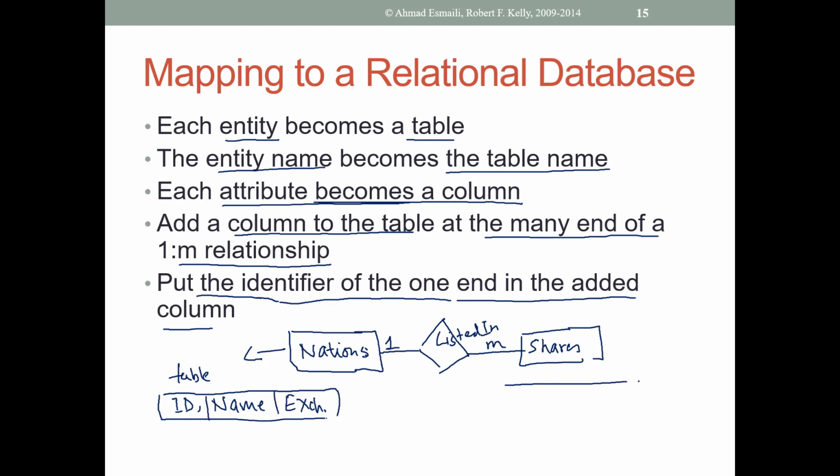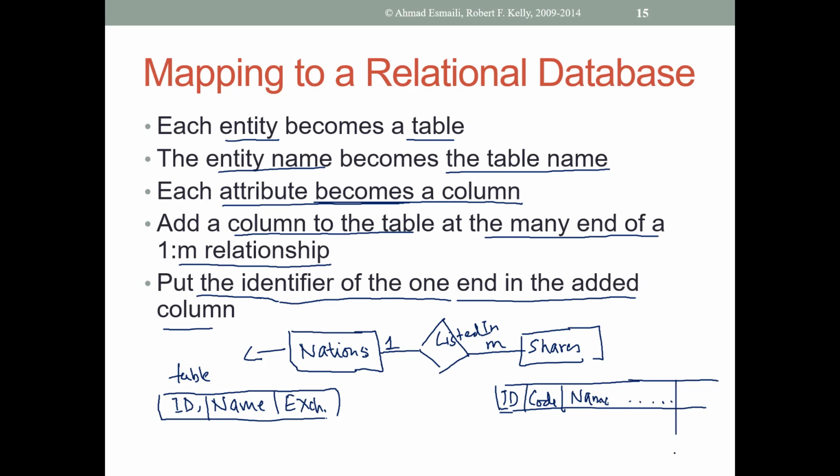And for shares, you'll have all the attributes that you had for shares. You had the attribute like, what was that? ID, you have code, you'll have name, and that's not important, you can figure out. Now the point is that we want to know how will we implement this relationship, which is one to many, the relationships between nations and shares.